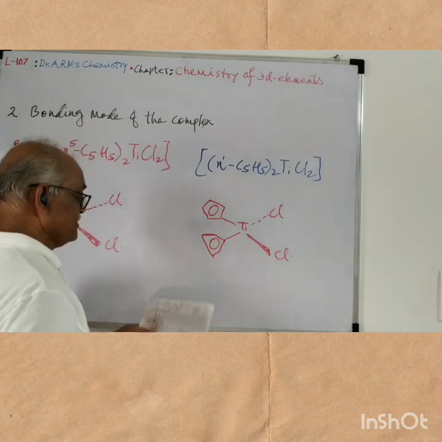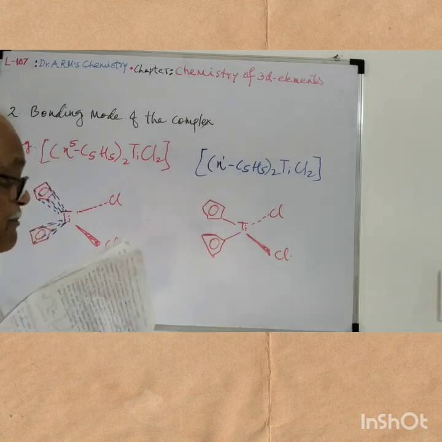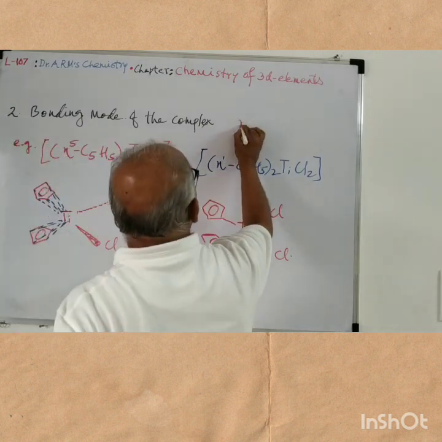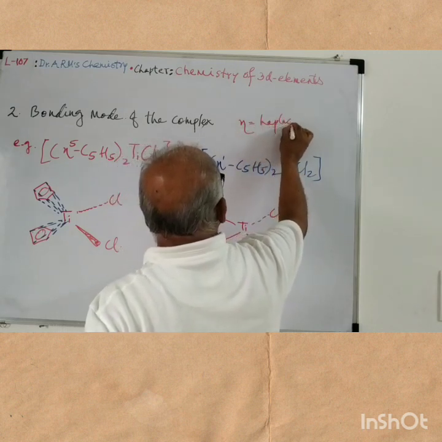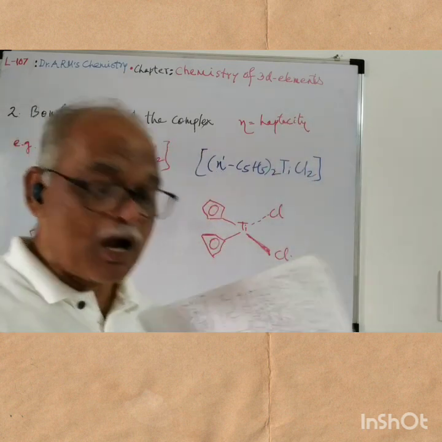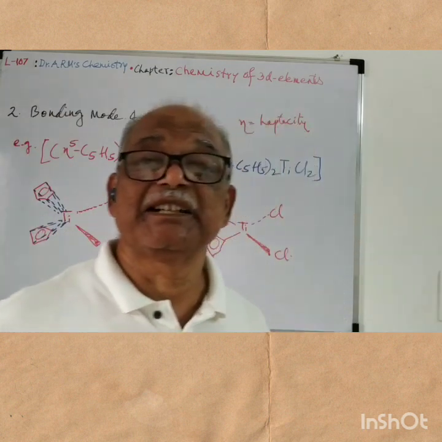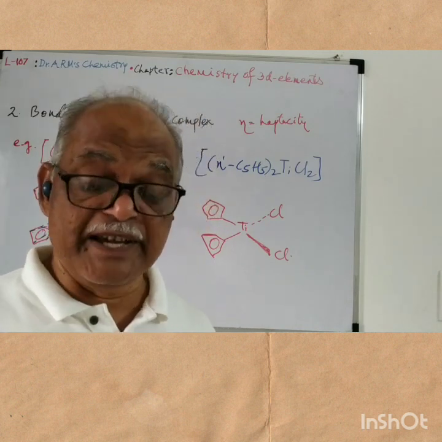So here you will find that eta is called hapticity. Eta indicates hapticity, meaning how many points there are in the ligand which can be coordinated with the metal ion.